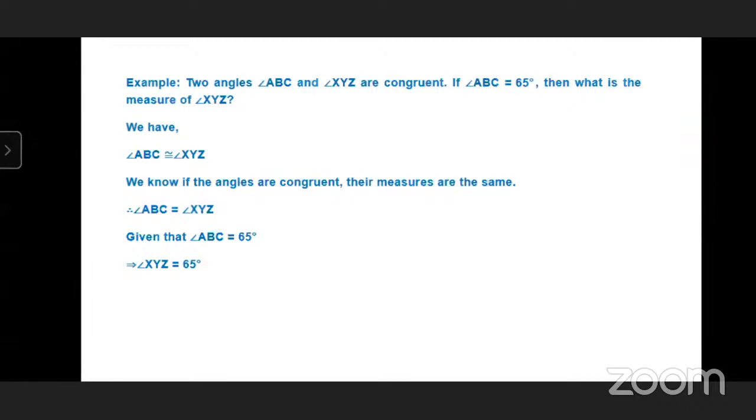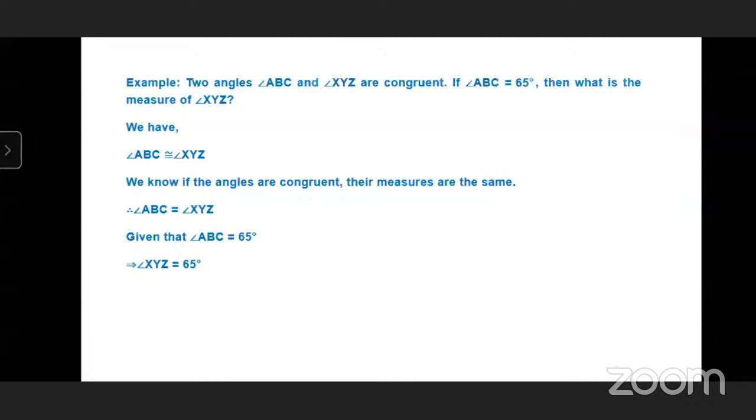Here is another example we took in the last lecture. The two angles, angle ABC and angle XYZ, are congruent. The measurement of angle ABC is 65 degrees, and they ask us for the measurement of angle XYZ.